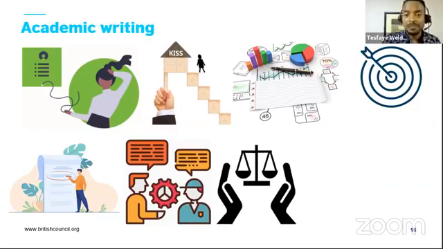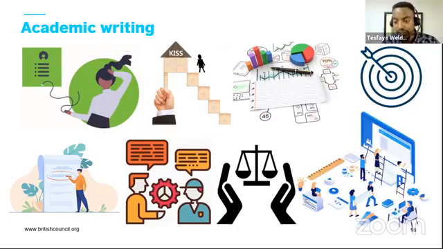We are evidence-based rather than opinion-based when it comes to academic writing. So make sure that we show the different perspectives, and we are more about the evidence and real facts rather than personal opinions.